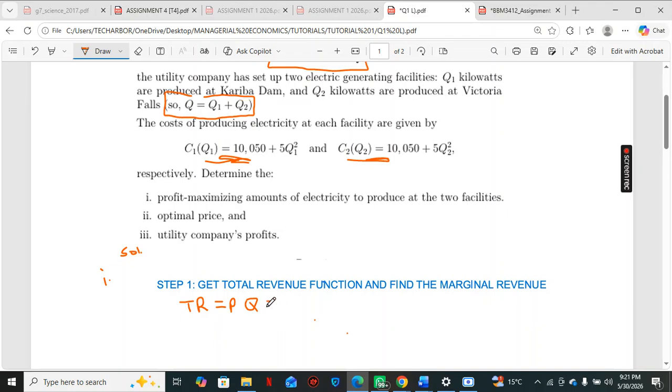Okay. So we're going to say P is 1000 minus 0.5 Q. I'm going to multiply this with Q. 1000 times Q, that is 1000 Q. Minus 0.5 Q times Q, that is 0.5 Q squared.